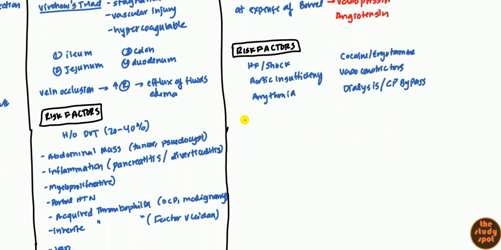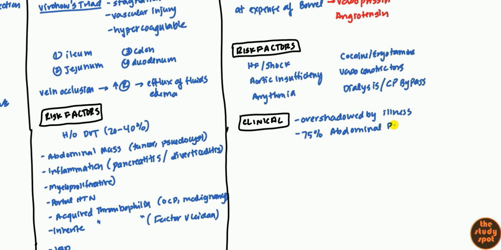Clinically, generally patients who have this type of mesenteric ischemia are very, very sick, and the symptoms of mesenteric ischemia are generally overshadowed by the illness that they have. So, you're not going to have too many findings, and 75% do have abdominal pain, so even 25% might not have abdominal pain, but they have ischemia.